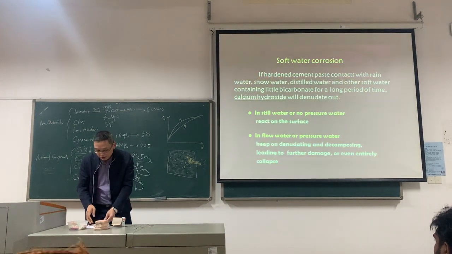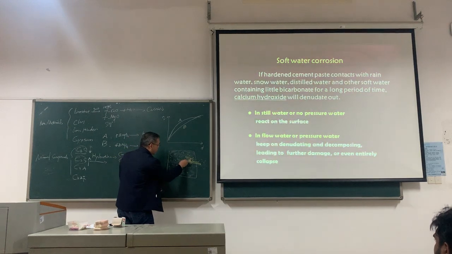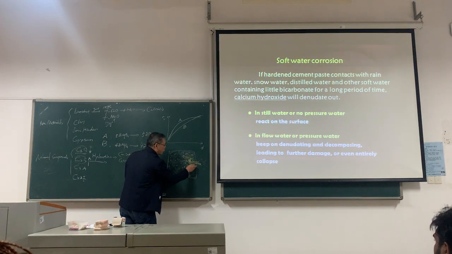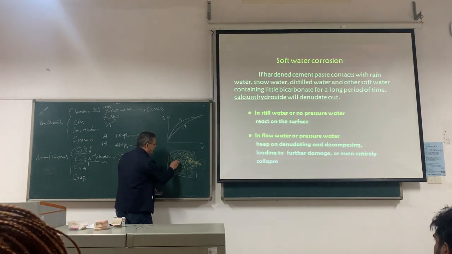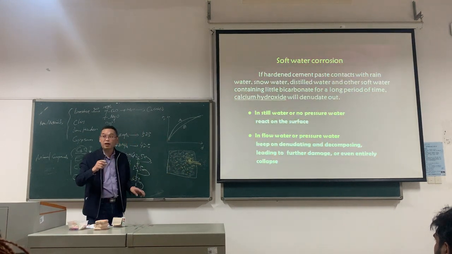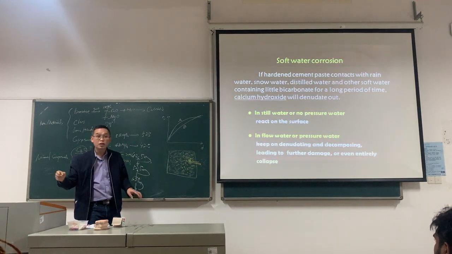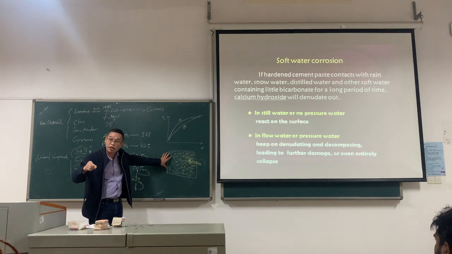So the pores in the hardened cement paste after the corroding will become more and more, so that the density of the structure is decreased. The strength of the structure is also decreased.